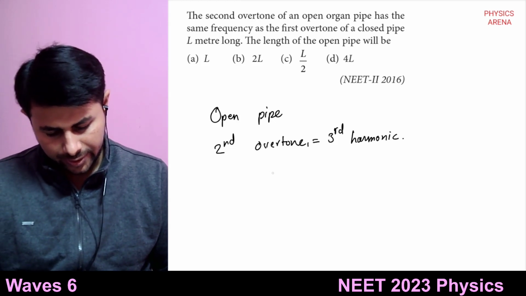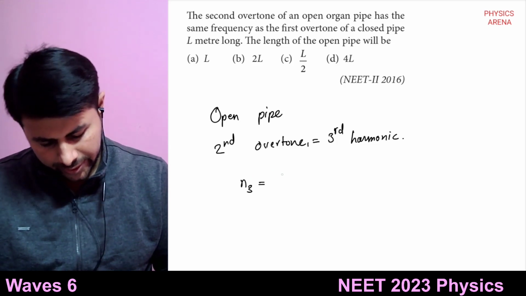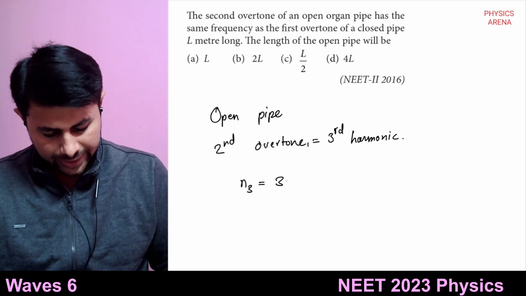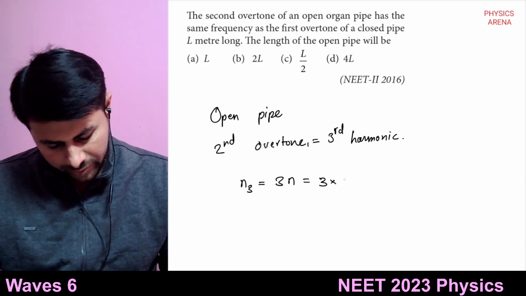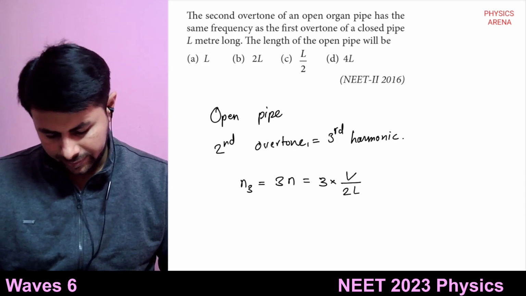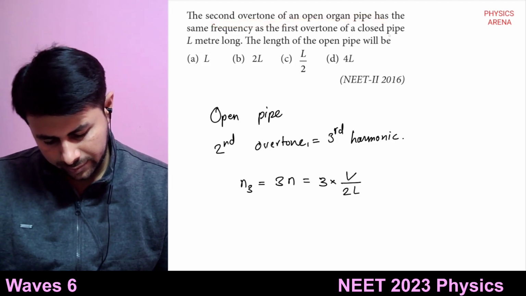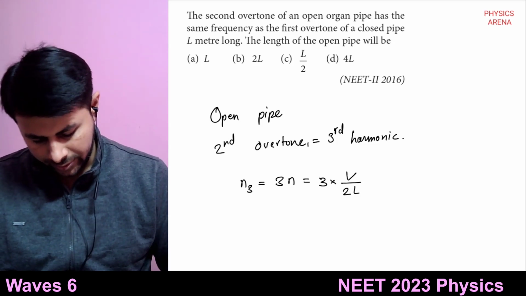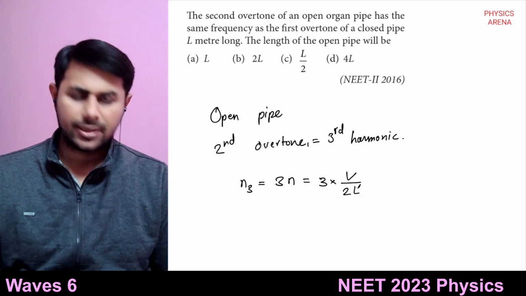So N3 is equal to 3 times the fundamental frequency, that is 3 times V upon 2L for the open pipe. And this length we don't know. This length is what we actually have to find out. So suppose this is L dash.